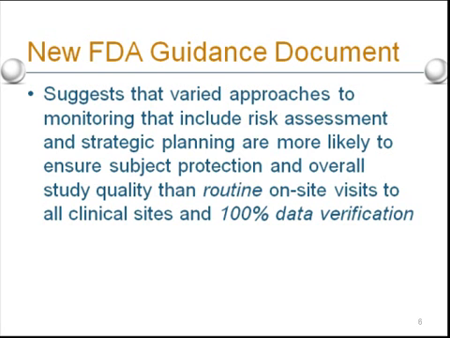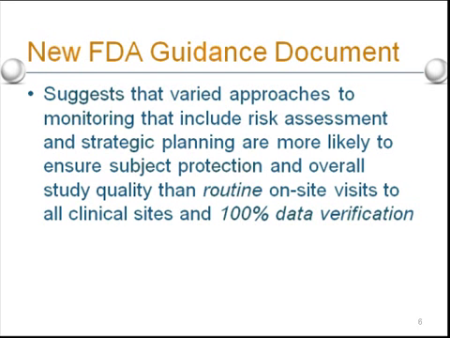So the new guidance document is basically pushing back on industry to say that 100% data verification is really not the way to do it as a rote approach, that they want sponsors to be more proactive, to really think about the risks involved in the trial, think about the participants that are being enrolled and what the data elements are that constitute the primary endpoint in the trial, and to make sure that those things are carefully evaluated during the course of the trial.